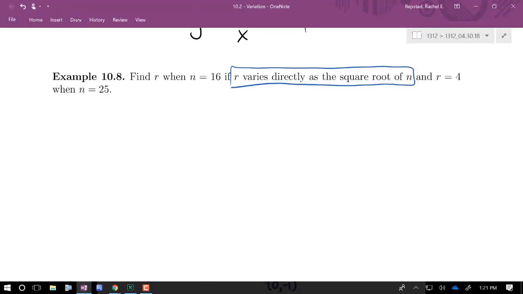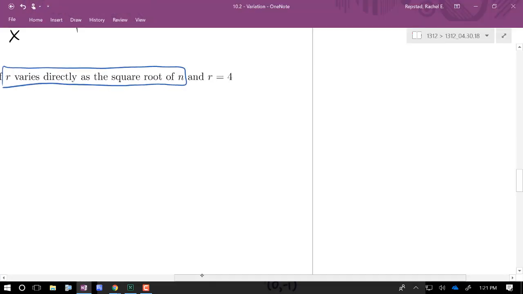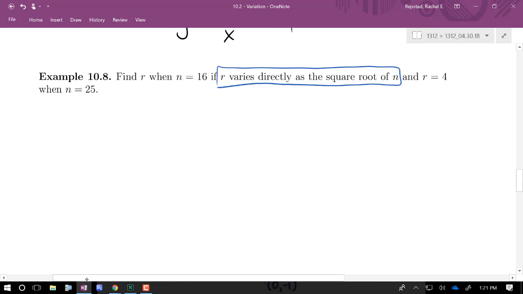Y equals kx. Sorry, well, we have r's and n's here. R equals k root n. K times root n, yeah, because it varies directly as the square root of n. So some constant times root n.